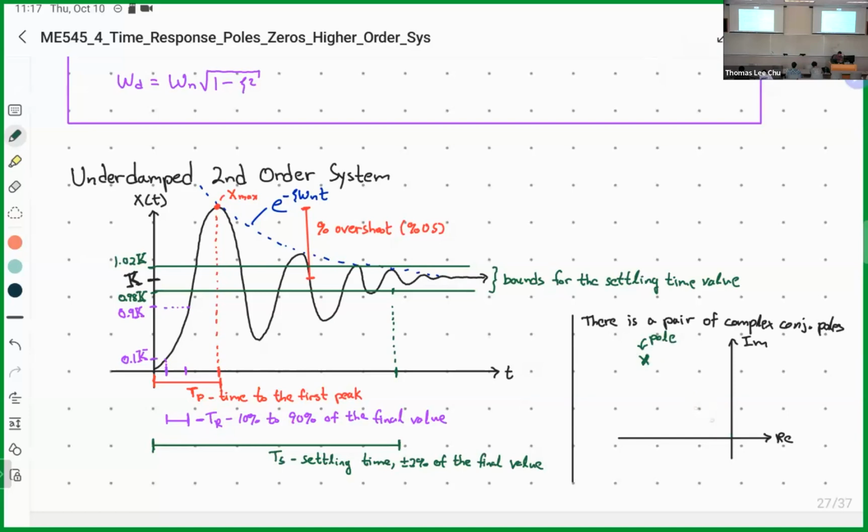The length of this line here is going to be your natural frequency. If I look at the height of it, it's j times omega n, your natural frequency, multiplied by the square root of 1 minus zeta squared, which is equal to j times your damped frequency.